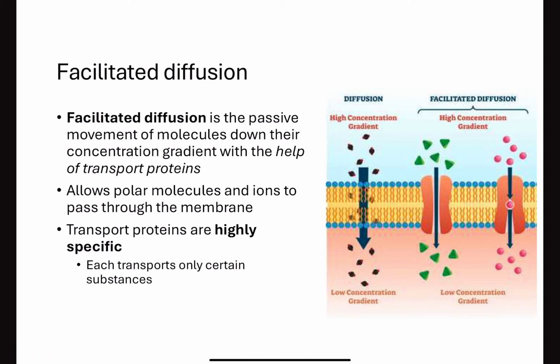So we have a lot of polar molecules and ions that are normally impeded by the lipid bilayer of the membrane, but they diffuse passively with the help of transport proteins.